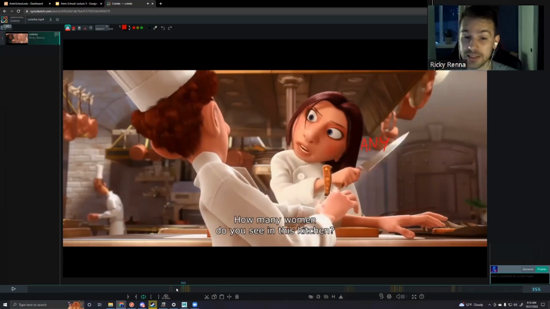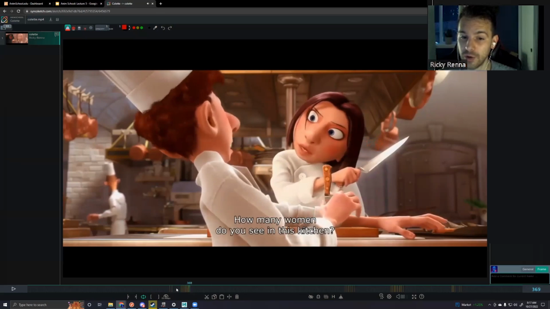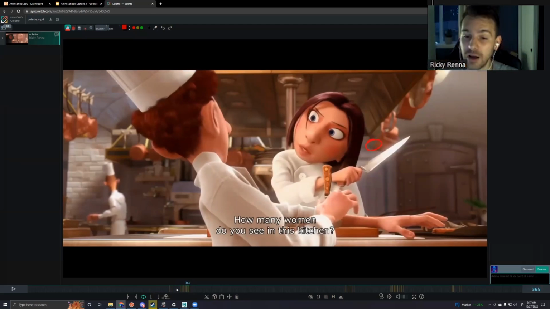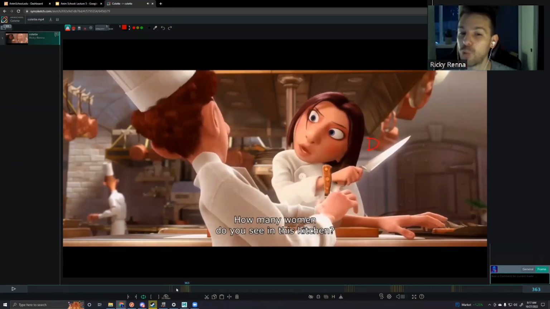The "any" is hitting all at once. Two frames after, going into the W of "women." Two frames into the M. Two frames about into the E. And then this is the tricky part: N, D, O, Y, O. This whole section goes from an open mouth to a closed mouth, everything from "women do you."